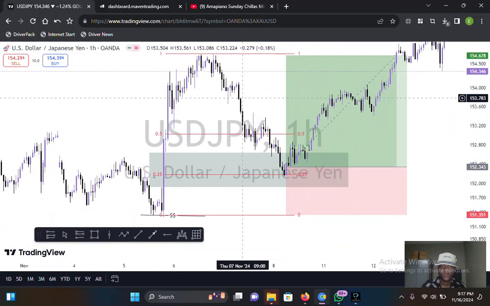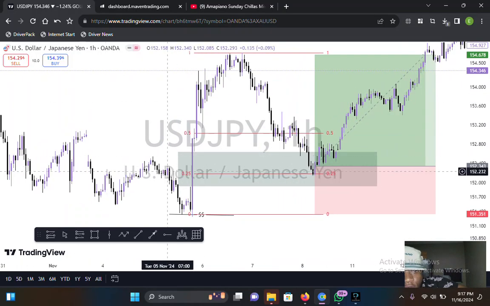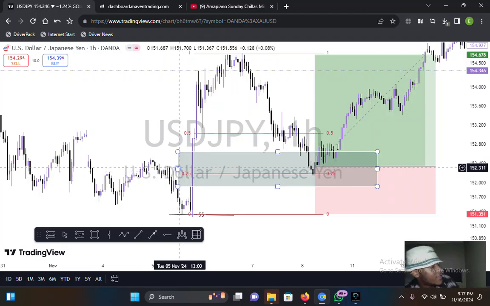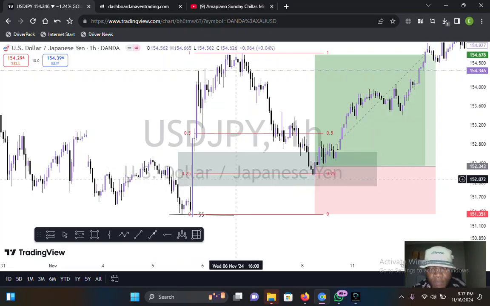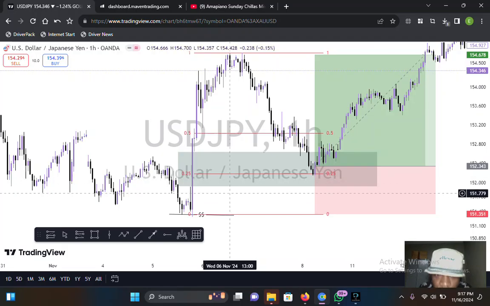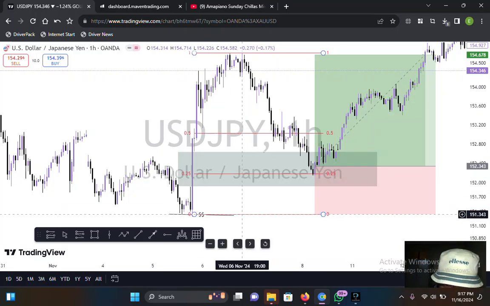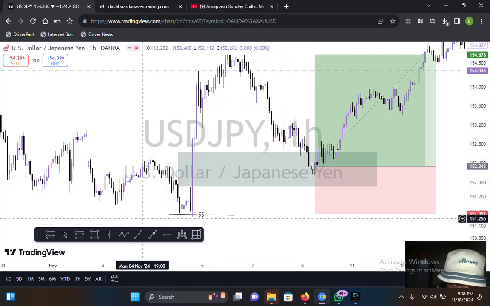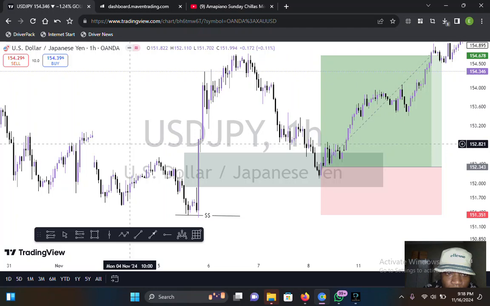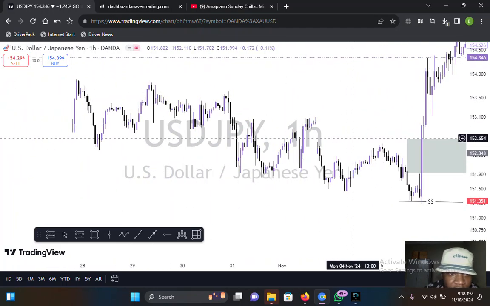So you see, the order block and the fair value gap are just zones that show you the specific point where price is more likely to retrace, because this tool doesn't show a specific price where price wants to retrace.